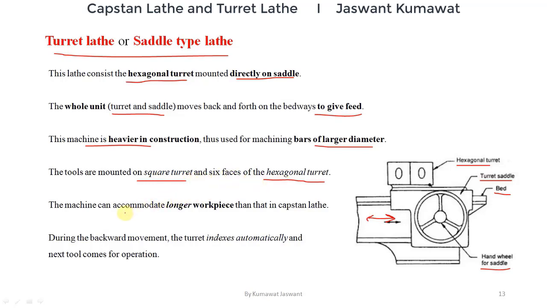The turret lathe can accommodate longer workpieces than the capstan lathe. Similar to the capstan lathe, during the backward movement, the turret indexes automatically. It means the next tool comes for operation automatically when the saddle is moved backward.